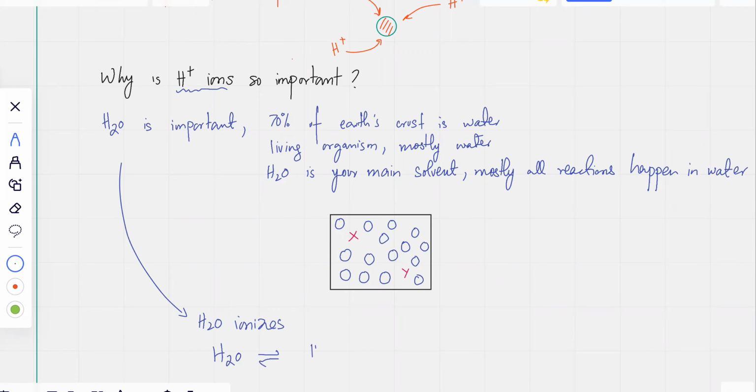One of them would be H+1 and the other one would be OH negative ion. Not all the water molecules, very few of them would actually split up and produce H+1 and OH- ions. When they bump into each other with some force, they might break down. Is this clear?